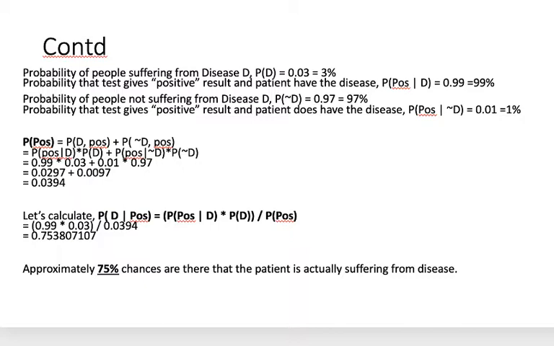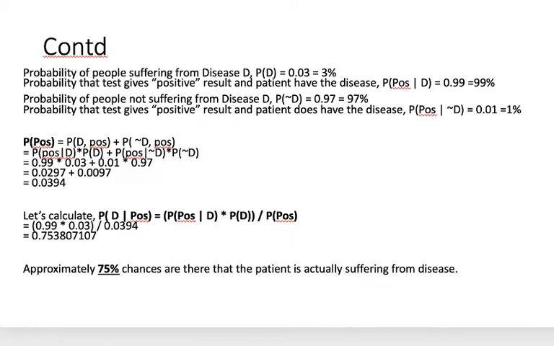So this is a more realistic value, and it deviates way from what the lab claims, which is 99%. This is where Bayes theorem is really helpful in evaluating, based on what we know, the likelihood of a particular hypothesis being true.